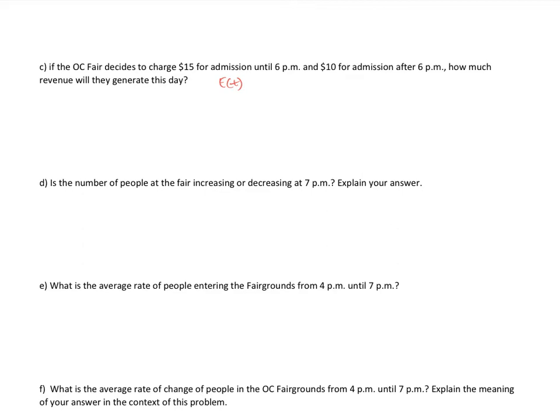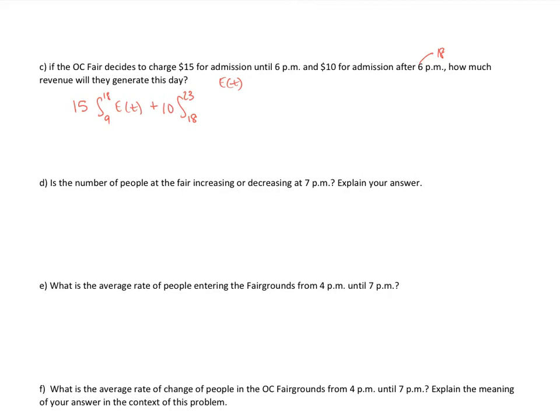And we've got two prices here. 15 for the integral from 9 to 18 of the people entering, and y18 because 6 p.m. is 18. And then we've got the rest. Well, the rest is $10. Now they get a discount for the people from 18 to 23.